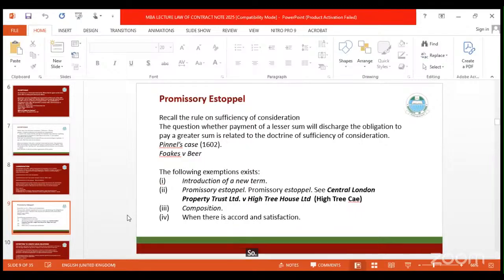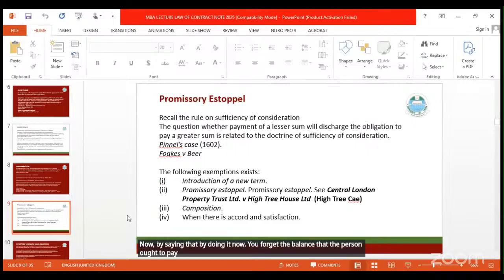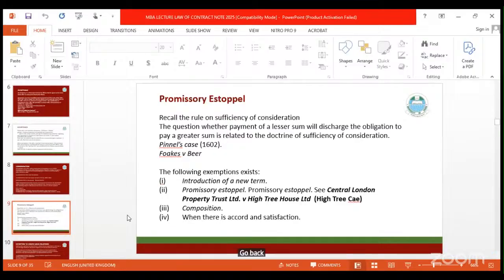You are squeezing me, so that's the price he's paying. But you are saying that by doing it now, you will forget the balance the person ought to pay. So the question is whether that will be valid, whether after collecting whatever the person can squeeze and give you, you can still go back and sue subsequently for the balance.